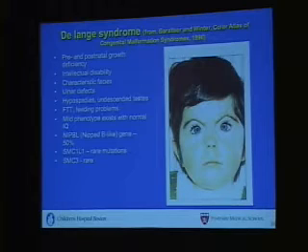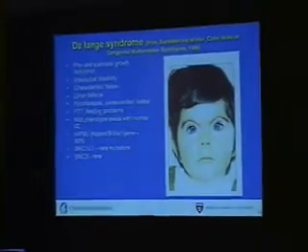Those are the ones that may be a little more difficult to miss, especially those with a normal IQ. Now, as you know, there is testing for DeLange. About half of them have mutations of the NIPBL gene. There are also rare mutations of SMC1L1 and SMC3. I don't think that there is testing for SMC3 available clinically yet, but I may be wrong.